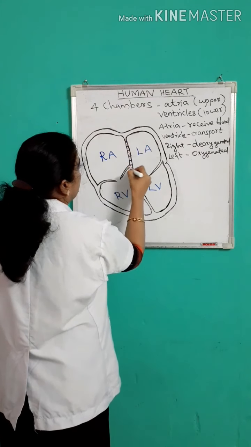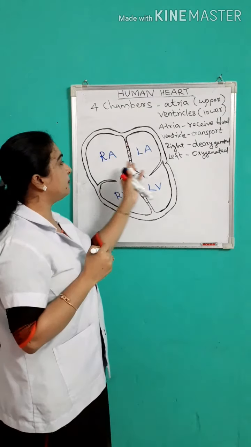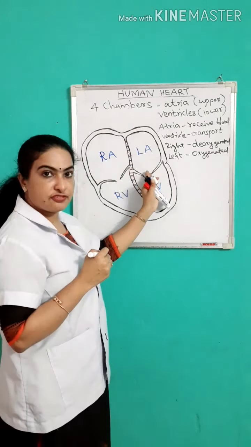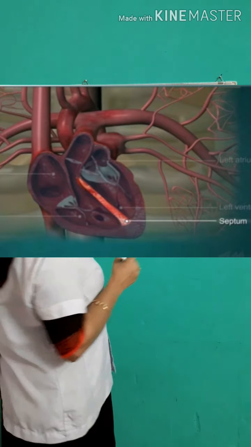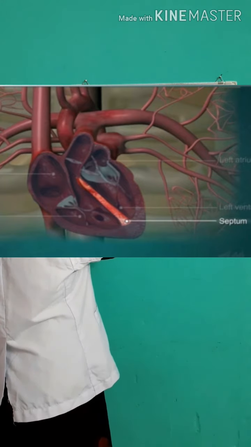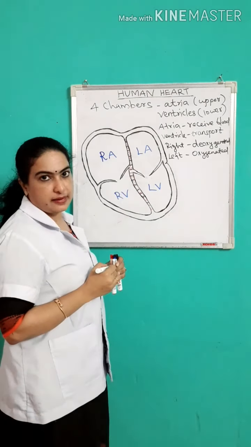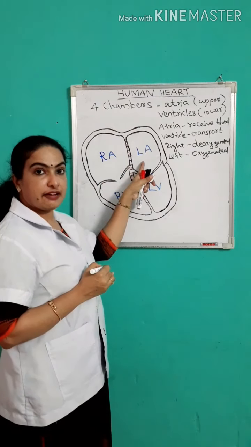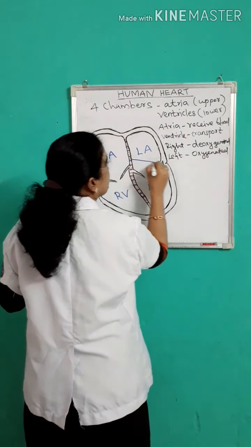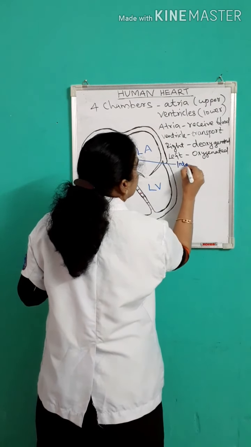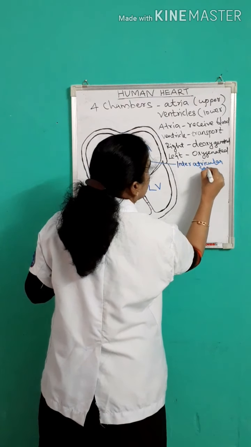Now you can see there is a partition between the right and left side of the heart. Right chambers are separated from the left chambers by a septum. This is a part of the septum which separates the right atrium and left atrium, known as the interatrial septum.